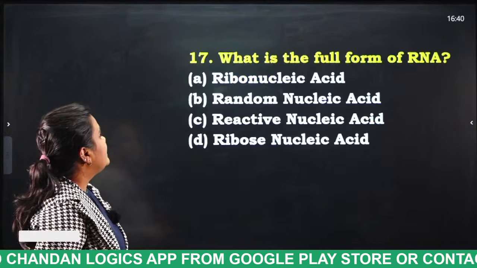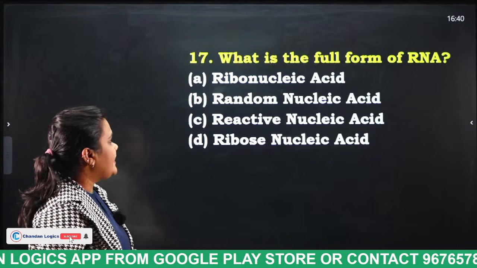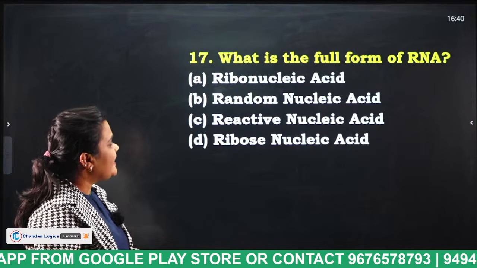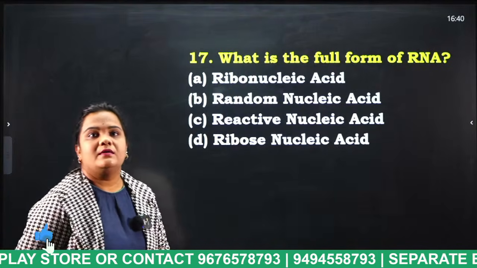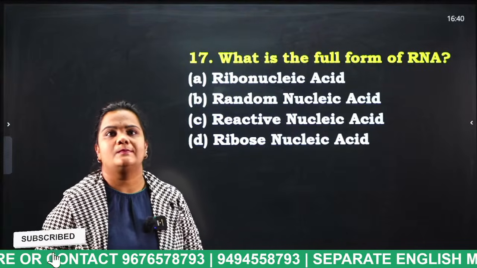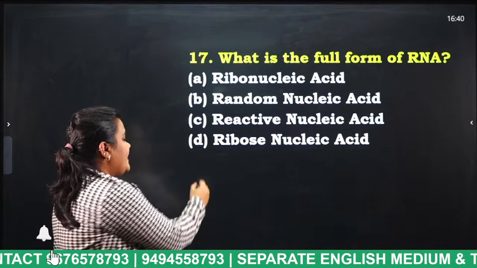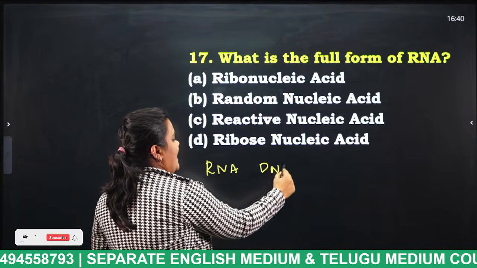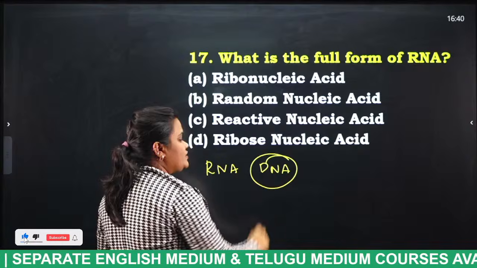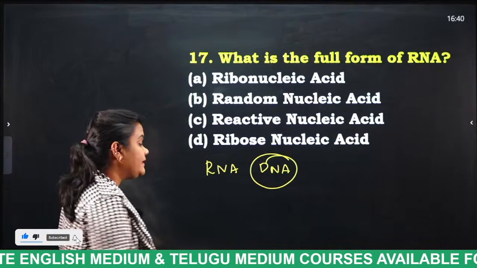Next, what is the full form of RNA? Ribonucleic acid, random nucleic acid, reactive nucleic acid, ribose nucleic acid. Okay? RNA, DNA. So actually, what is DNA, students? Who discovered DNA?